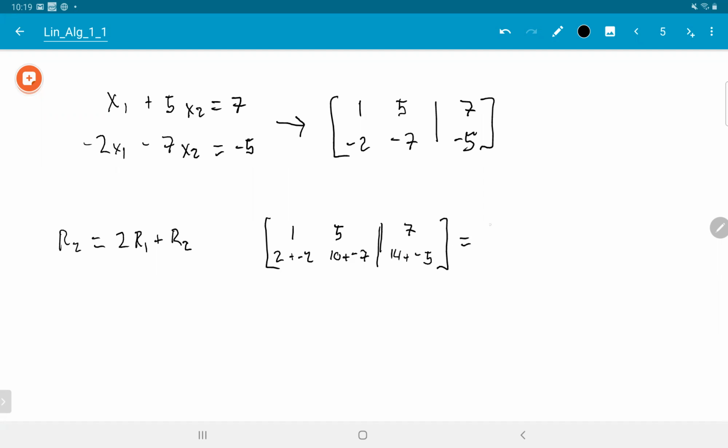And this is equal to 1, 5, 7, and then we'll have 0, -2 plus 2, +3, and +9.